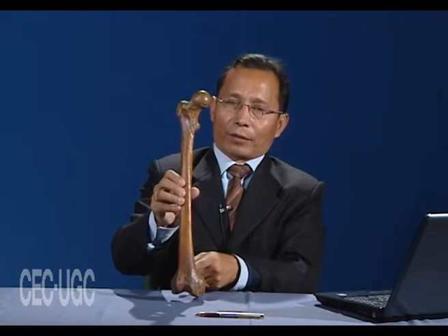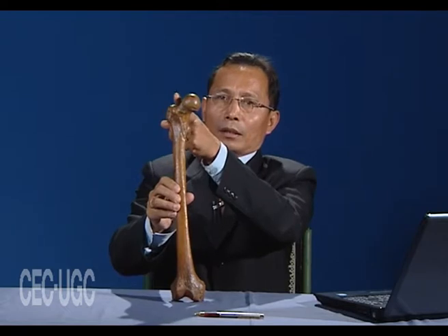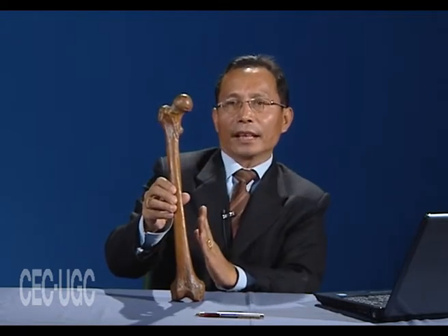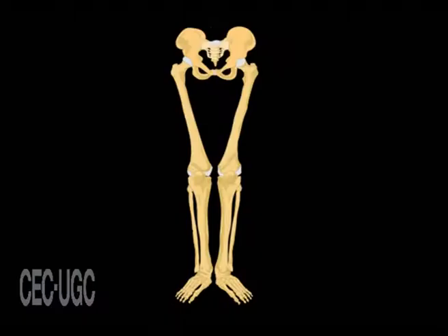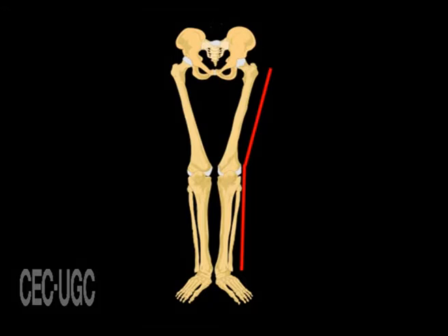Then the angle of the femur, starting from this to the upper extremity, is angled outward from the knee. What I mean is the femur angles outward from the knee. It is not perfectly vertical.